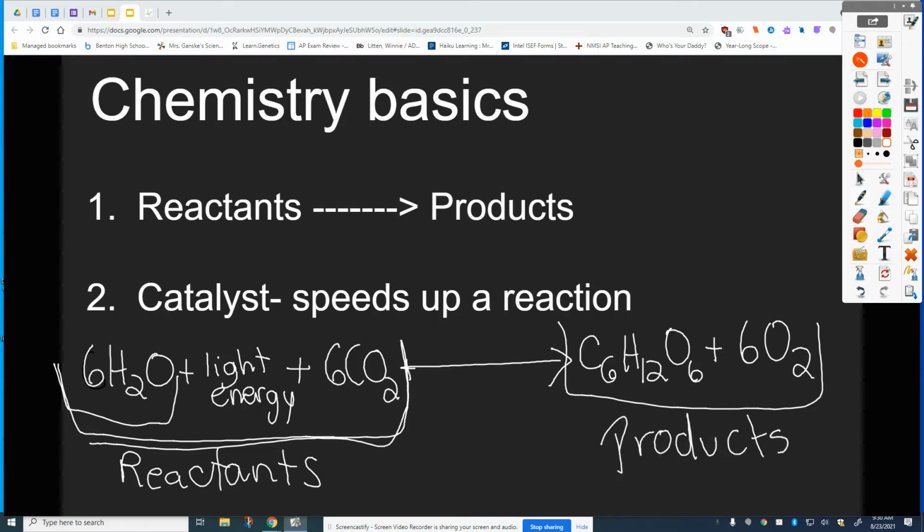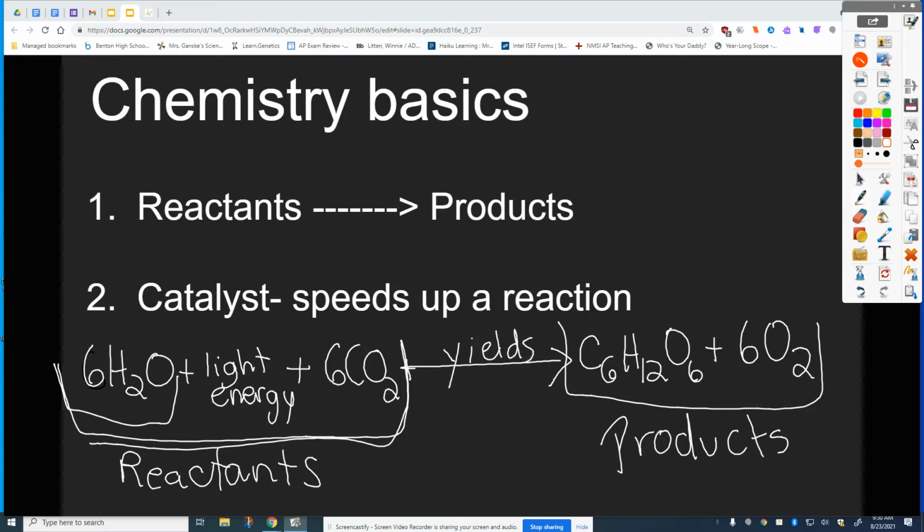How do we read that arrow? Well, if we see that arrow in a food web, we think it's a transfer of energy, moving energy from one place to another, so not a bad thought. But when we're reading this, we would say 6 H2O plus light energy plus 6 CO2 yields.